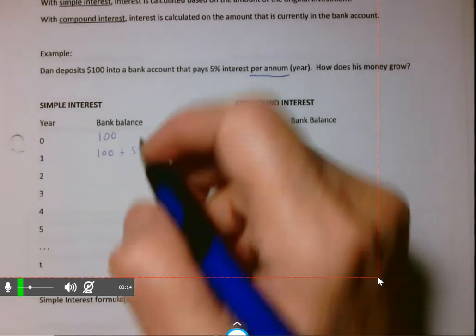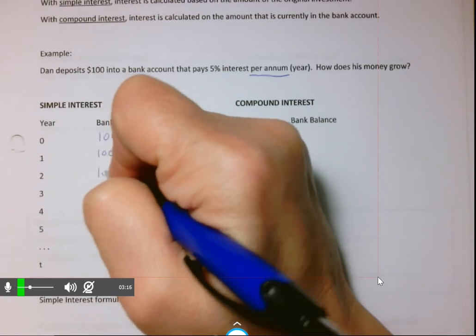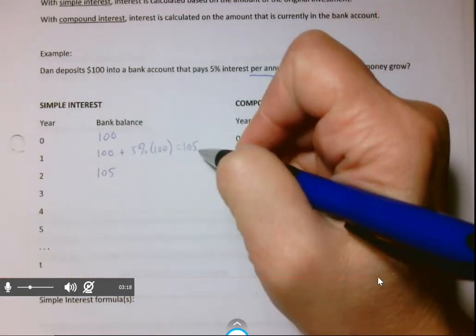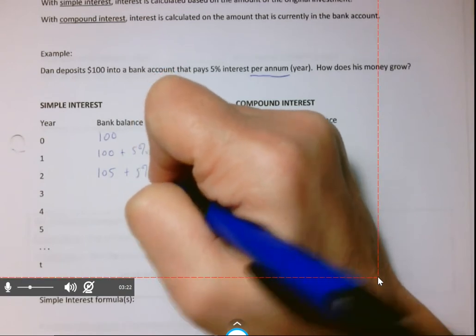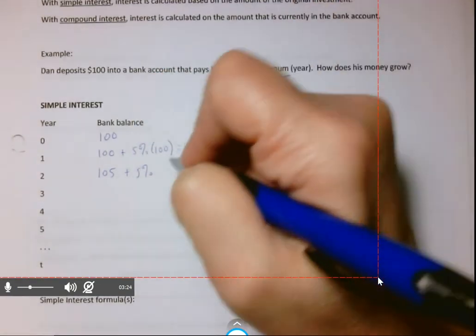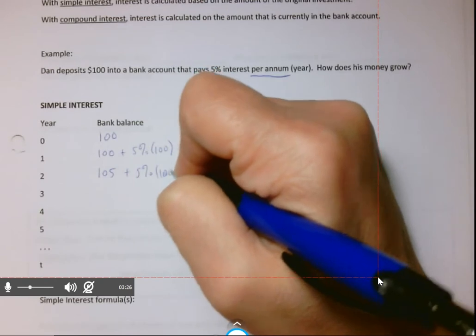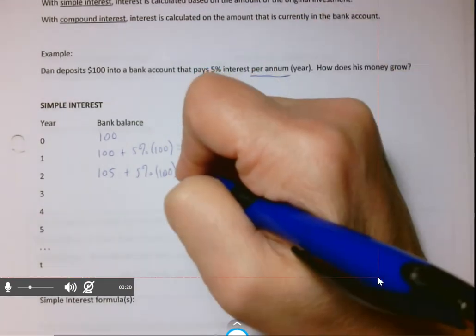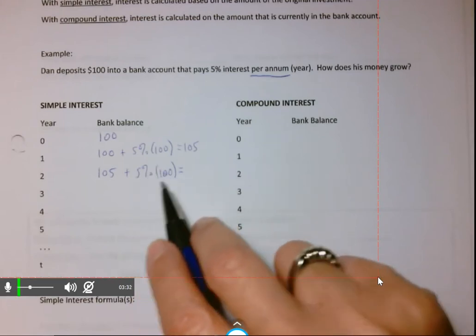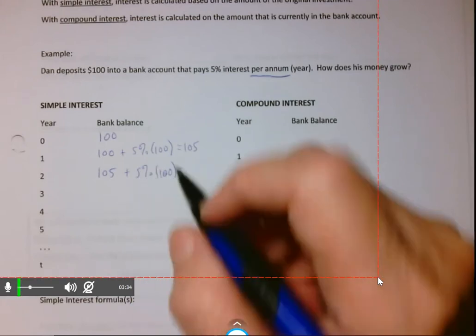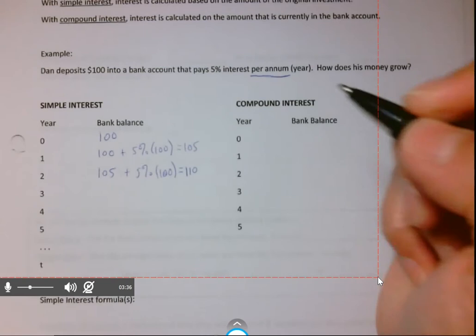In the second year, he has the $105 that was in the account after the first year, plus 5% of the original again. Every time, 5% of 100 is $5, so this is going to be $110.